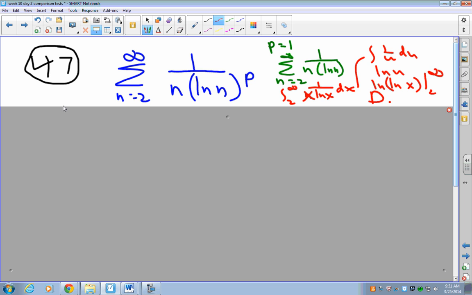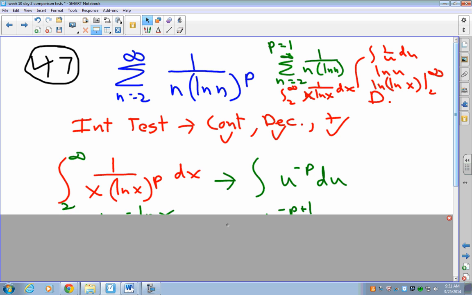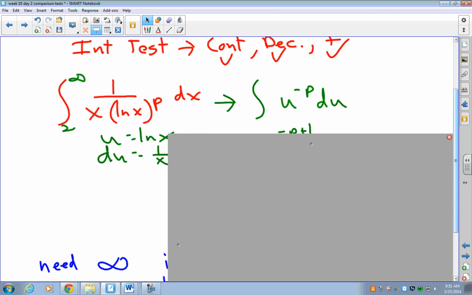So now I'm going to look at p not being 1. So let's see what happens here. I'm going to do the integral test, but what's p this time? Not 1. So when I do this, look at how I solve this one. It's still a perfect fit. Everything's the same with the u sub part. But this time, instead of it being 1, it's an actual exponent.